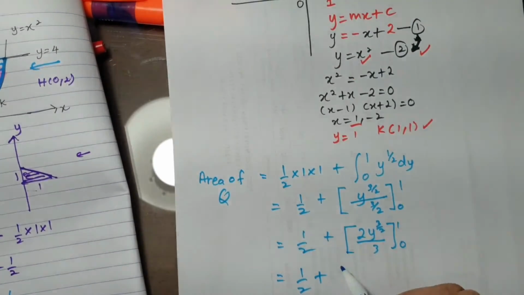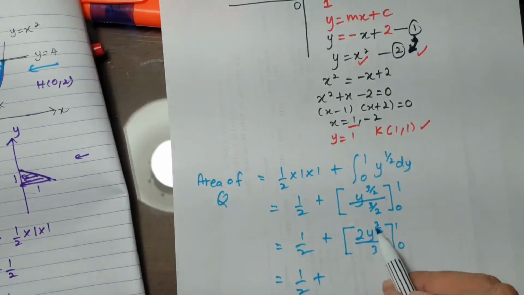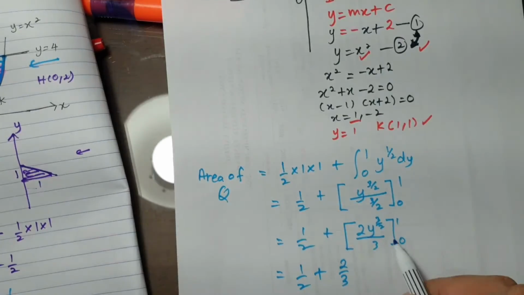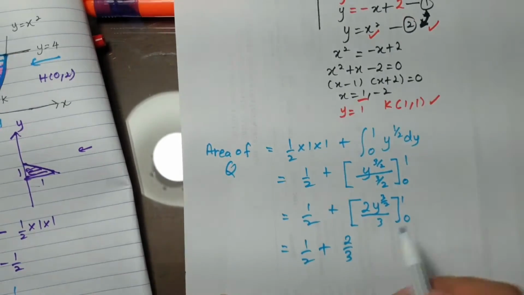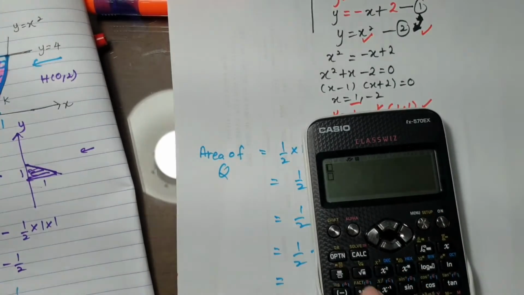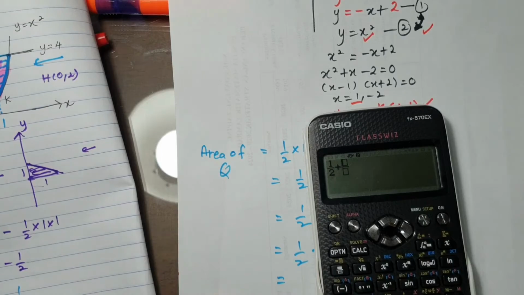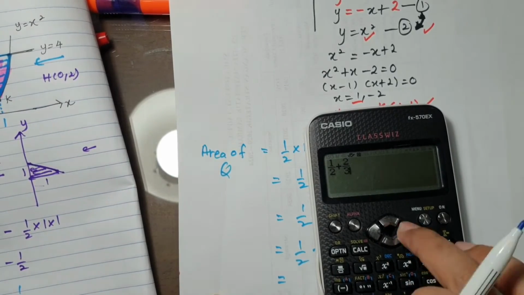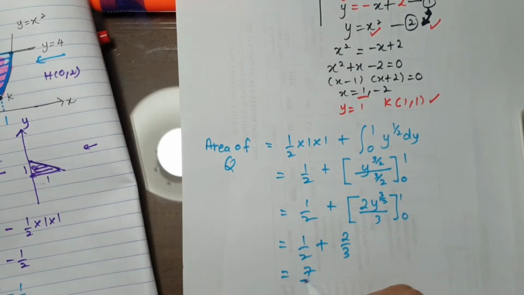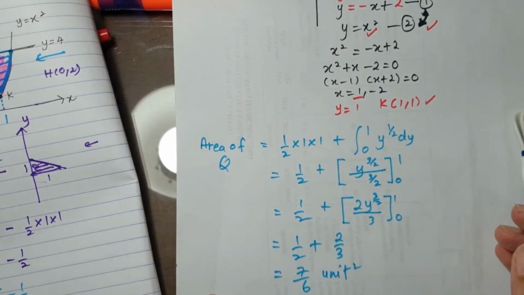If you put in 1, 2 times this one, y is 1, 1 power 3 over 2, still 1, so it is 2 over 3. Put in 0, nothing happen, right? Still 0. So you can press your calculator, half plus 2 over 3. You get 7 over 6 squared unit. So this is area of Q, right?